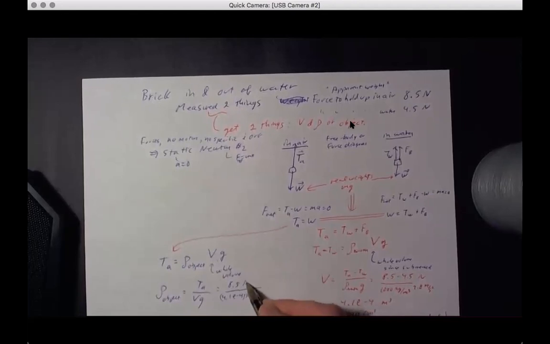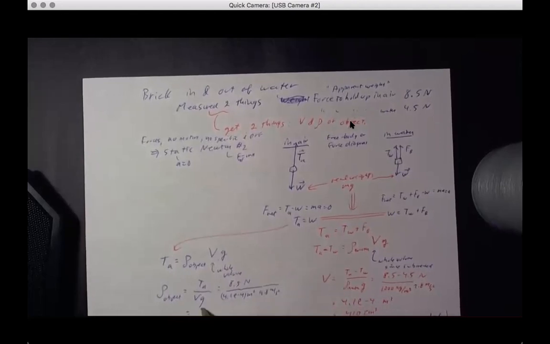that's newtons, and G is 9.8 meters per second squared. And of course this is Newton meters per second squared, the meters per second squared go out, you get kilograms per meter cubed, which is what you want for density.